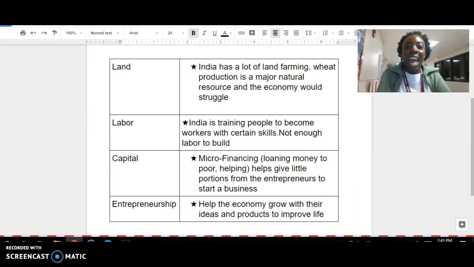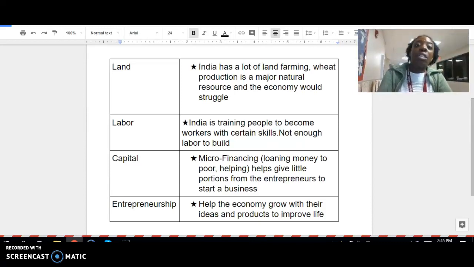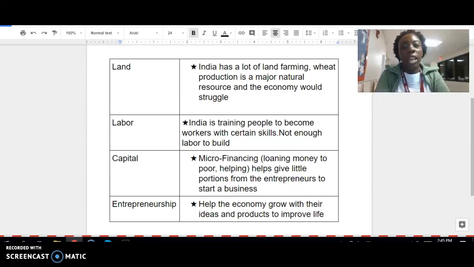Microfinancing has to do with the capital factor of production because microfinancing is all about how banks will loan small amounts of money to people who have a small business. Usually a bank might lend a person $100,000 to start a business. Well, that's not a micro loan. A micro loan is a small money loan.